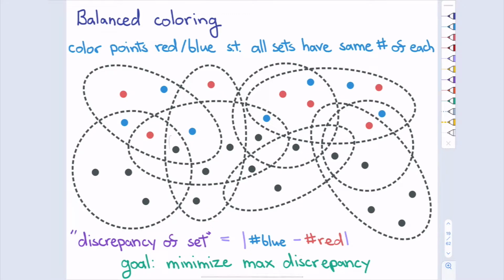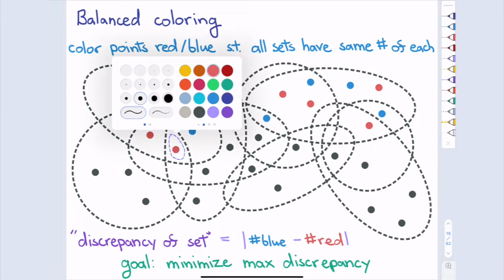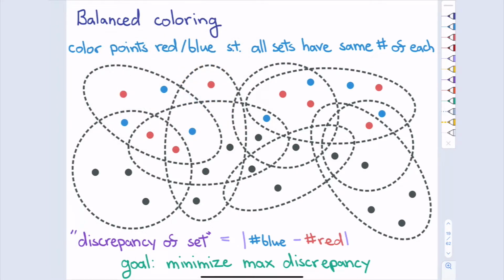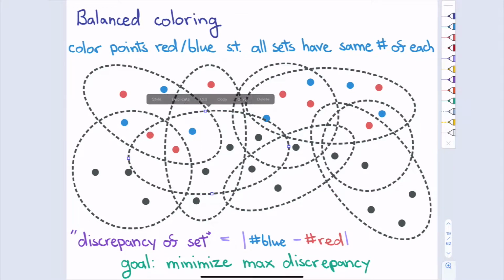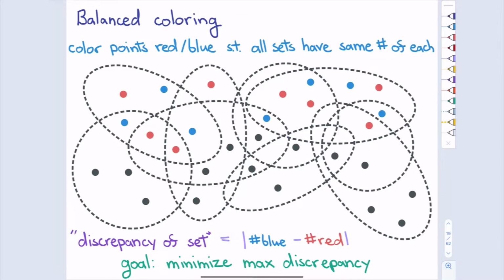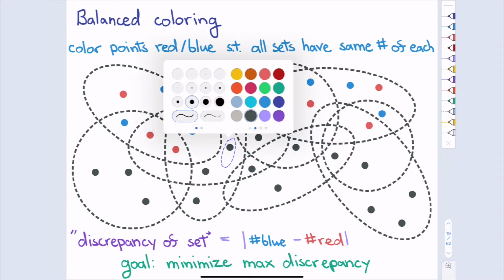So I'll go here. Are you guys going to get this? All right, how about this one? Oh. Uh-oh. Thank goodness for, oh no. Okay. Well, thank goodness for undo. What do you guys want for this? Blue, okay.